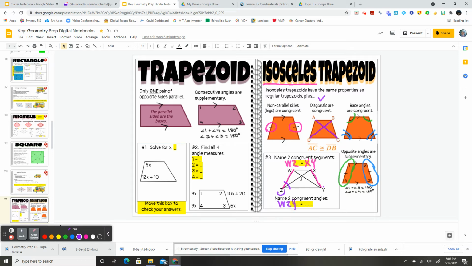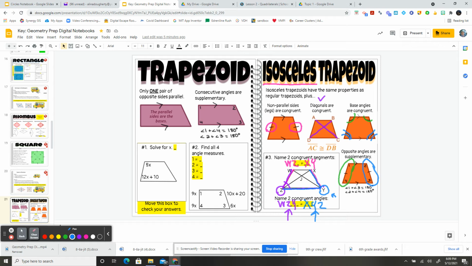Remember that middle part of the angle has to be the middle letter. So WZY goes with, let me get another color, this Y angle, so XYZ. That middle letter has to be in the middle here.